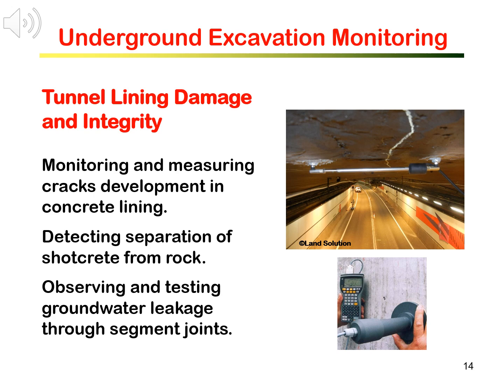Detecting separation of shotcrete from rock uses non-destructive testing methods, for example, sonic wave measurements, as shown by the lower figure. Ground leakage through segment joints and cracks can be monitored through observation, measuring, and testing.